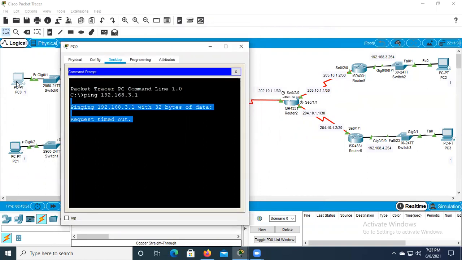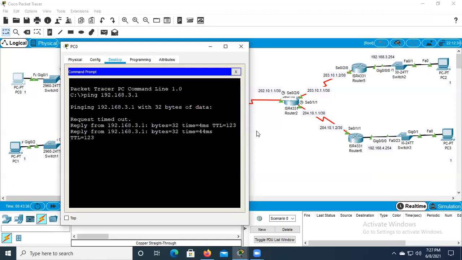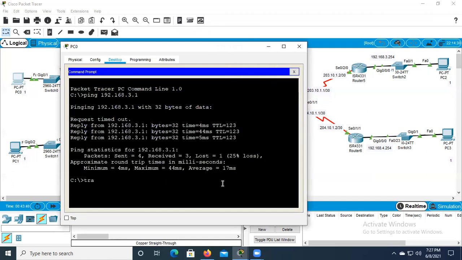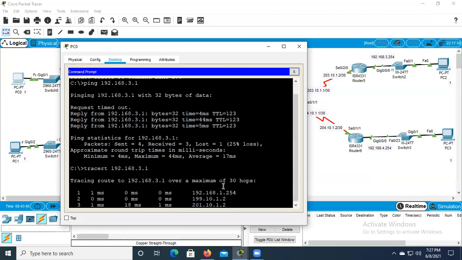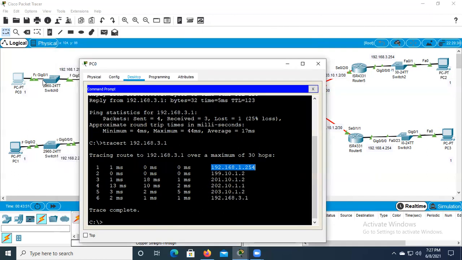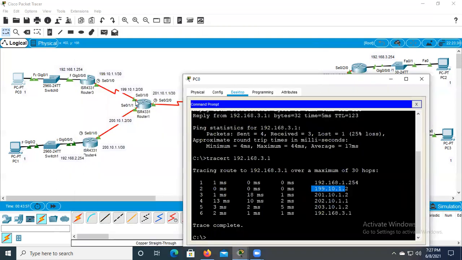3.1 from PC and I'm getting a reply. Yes. If I'm trying to give trace route to 192.168.3.1, you see how packets are moving. It hits on 192.168.1.254. My router going 199.10.1.2, 199.10.1.2 is this, 201.10.1.2.